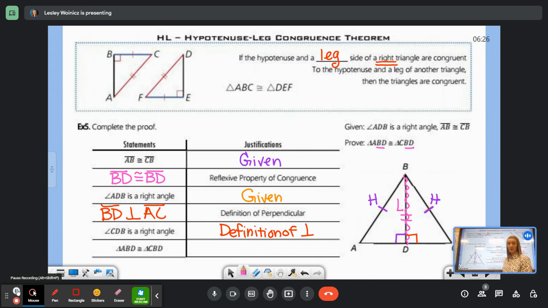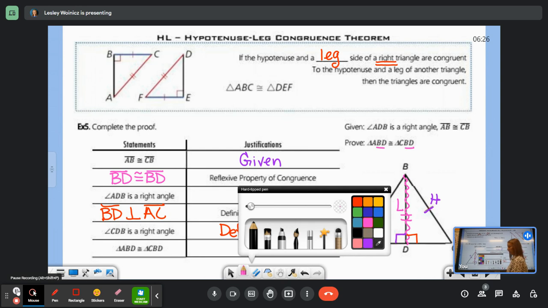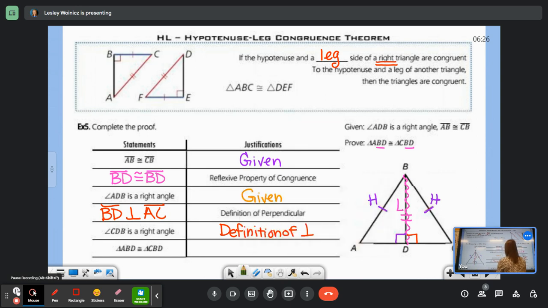The last thing that we had to do was show that both of the triangles were right triangles, okay? And they only told us that one of those angles was a right angle. So now that we know that our angle BDC is a right angle, we've shown that these are right triangles, and we can use our hypotenuse leg. HL.